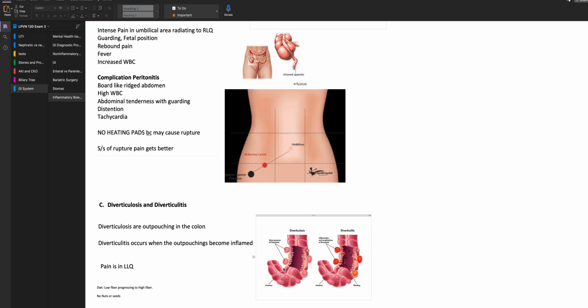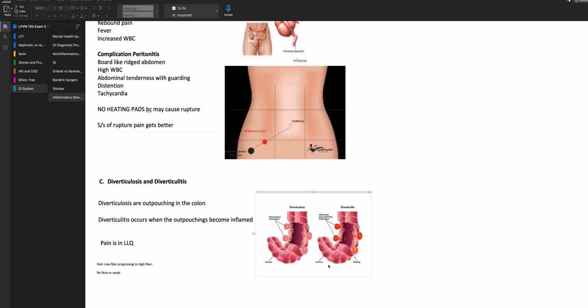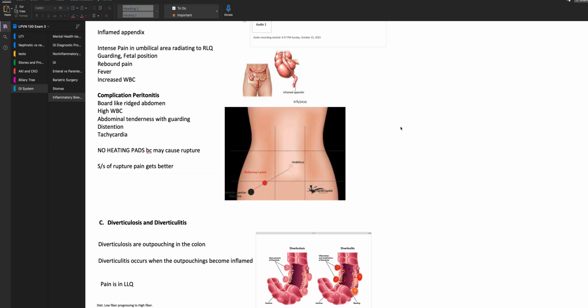They're going to have pain in the left lower quadrant and a fever. The diet will be low fiber progressing to high fiber, but they shouldn't eat nuts and seeds because you don't want them to get caught in one of these diverticuli. You can only get diverticulitis if you have diverticulosis. All right, that's it. GI.